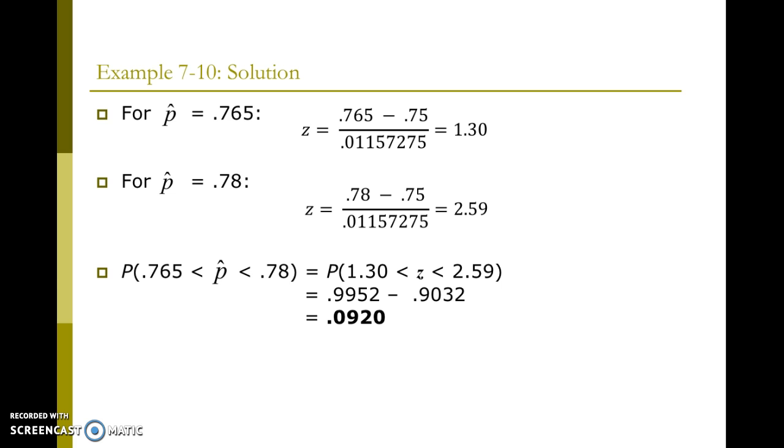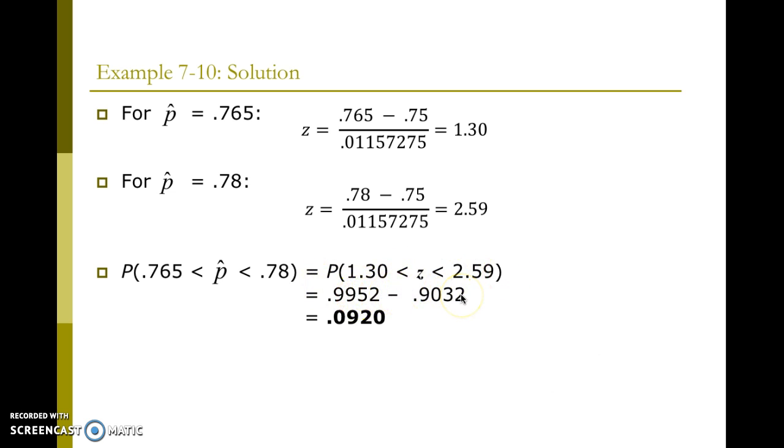That's going to be 1.30. We'll find the z-score that corresponds with 0.78, which is 2.59. So we're looking for the probability that p hat falls between 1.30 and 2.59 standard deviations away from 0.75. That's what this really means.